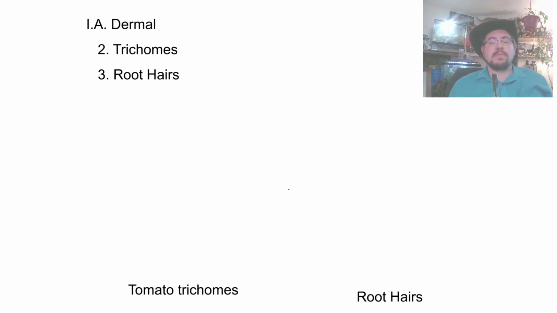Okay, so the dermal tissue can have specialized structures called trichomes. These are hairs, sometimes fuzz. These trichomes basically help keep the leaves cool.